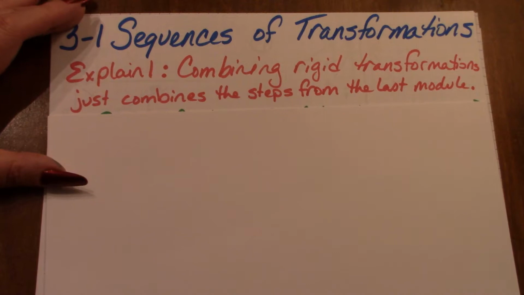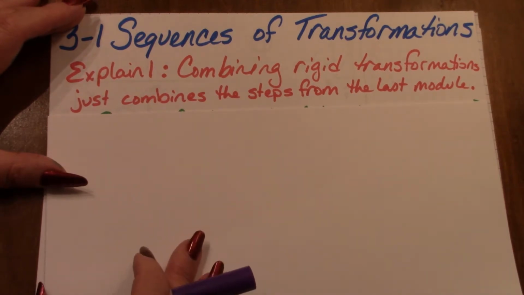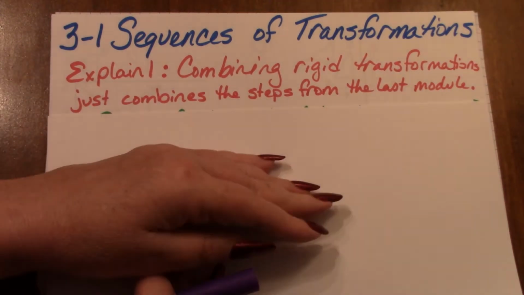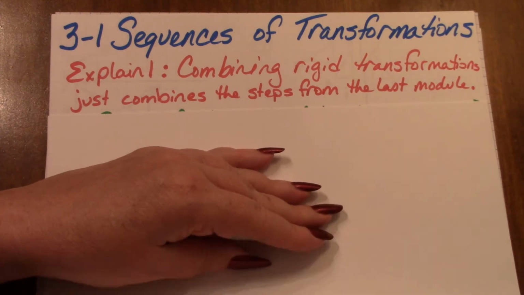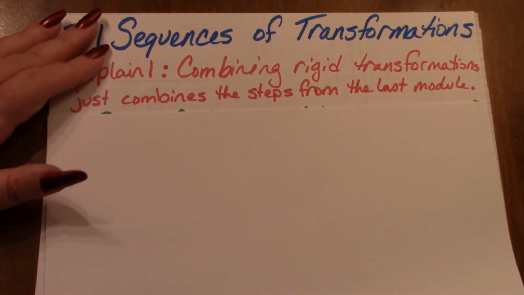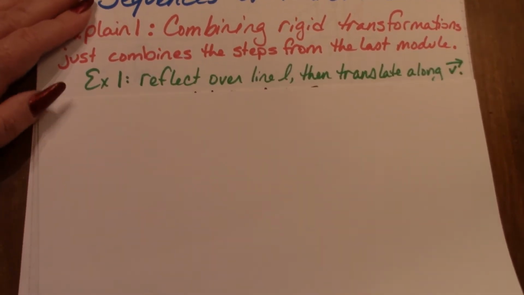So we are combining rigid transformations, and really what that does is combine the steps from the whole last module. The whole first page talks about doing things with a computer program, and we don't need to do that. So we're going to start with Explain 1, combining rigid transformations.